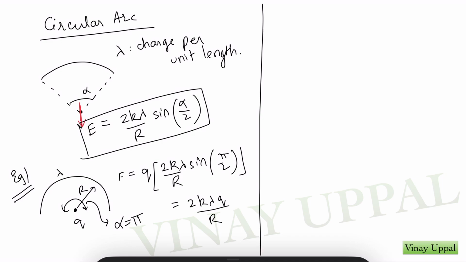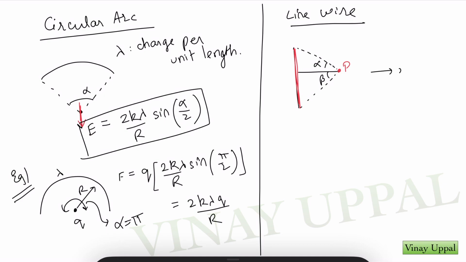Next, let's look at a line wire. This red line is my finite line wire whose electric field I'm going to write at point P. This is my x-axis, and this is my y-axis.